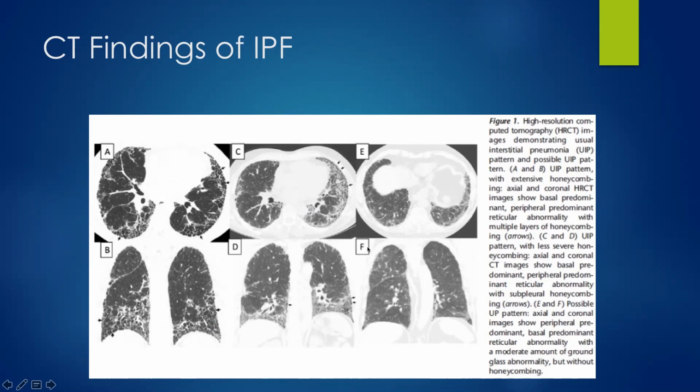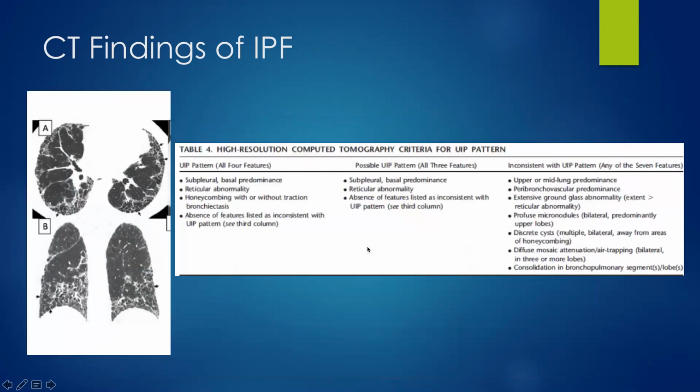Then there's traction bronchiectasis: as the lung tissue at the alveolar level scars down, it shrinks and pulls apart the airways, and that's the bronchiectasis you get.